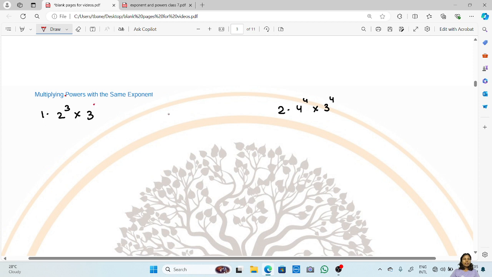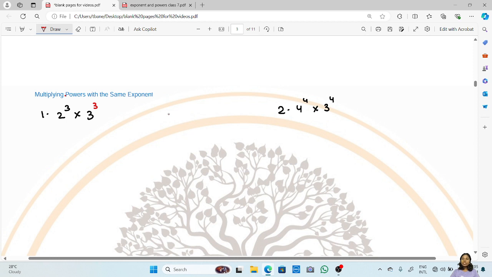So previously what we learned was multiplying powers when the bases were same. In that first case, our bases were same and our exponents were different. Now, in this case, our bases are different and our exponents are the same.